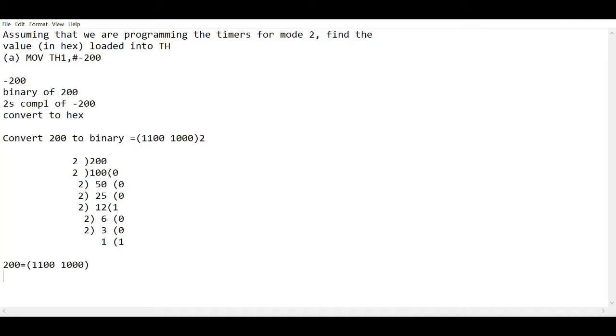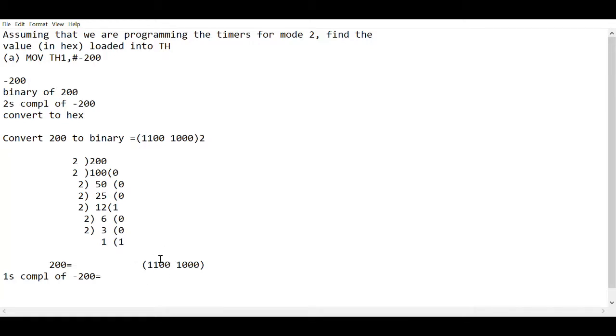So next you have to find the ones complement of minus 200. So that will be, you have to put, so this is 200.